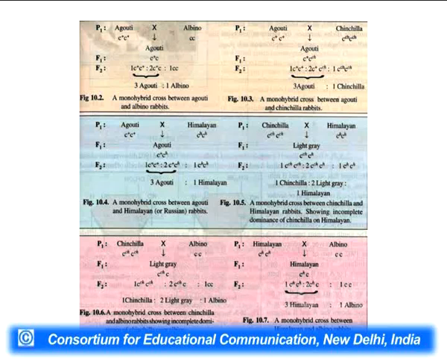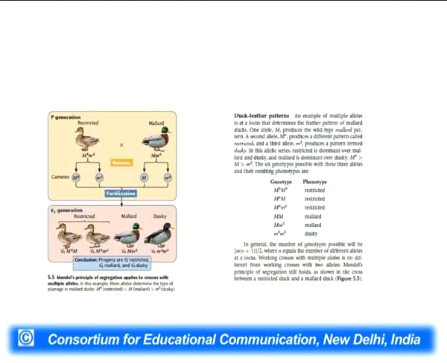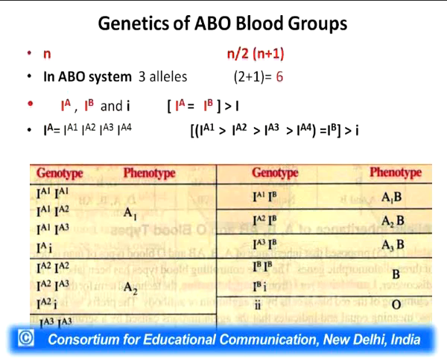It would depend on which allele is controlling codominance or incomplete dominance. There is another very important example of duck feather patterns, which are also a result of multiple alleles.